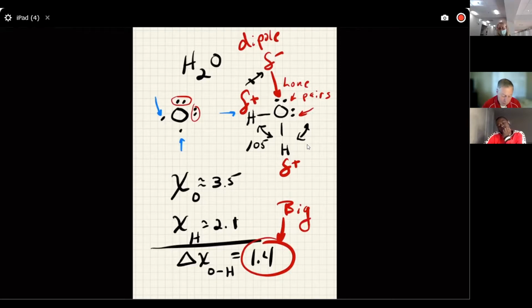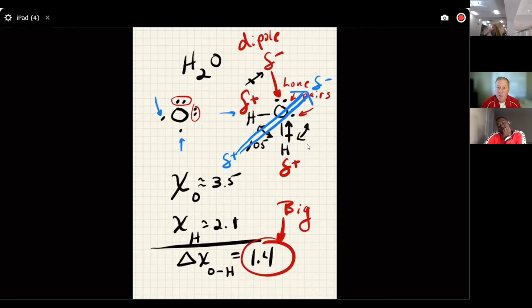The tail of the arrow is the plus side, and the point of the arrow always goes to negative. So we've got 2 bond vectors here. We have an angle between these 2. Right through the top, right through there, both of those. So if we look at it, this side is very delta positive of the water molecule, and way up here by the oxygen is very delta negative.